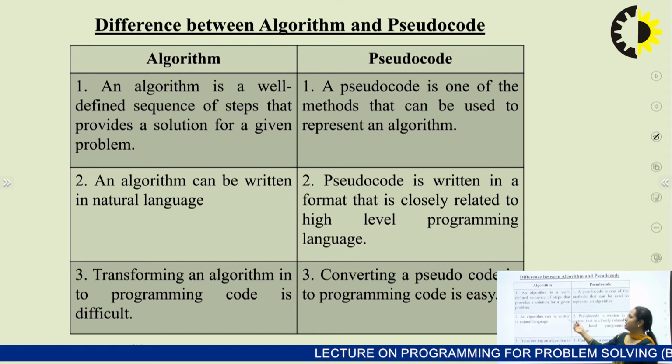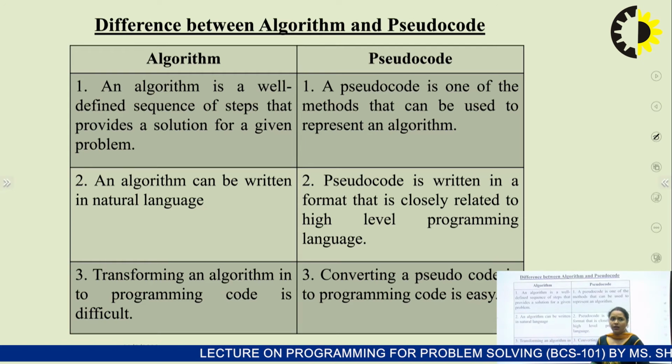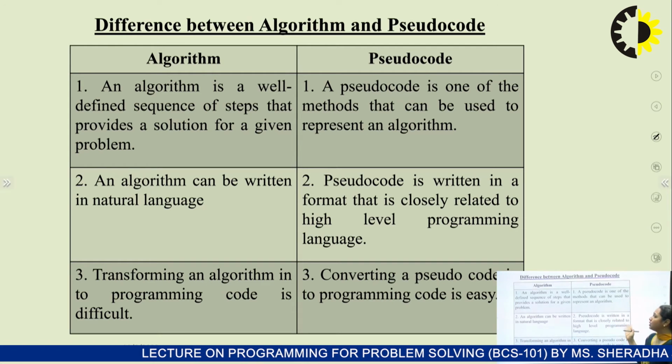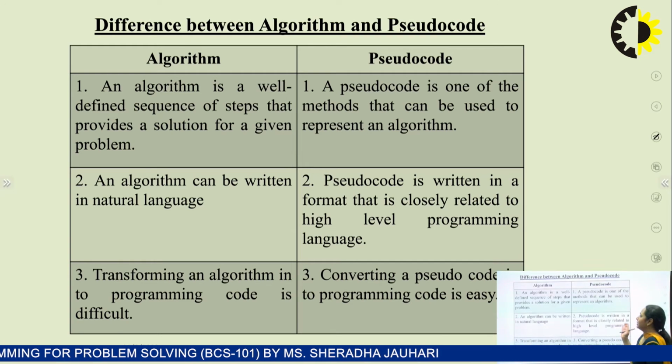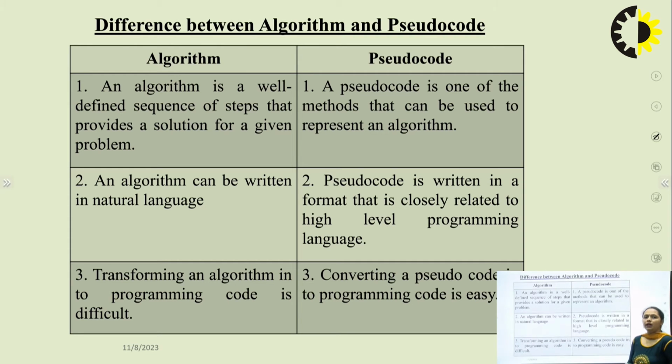But a pseudocode is written in a format which is near to the programming language. If I want to code a program in C language, then the syntax which the pseudocode will follow is the syntax of C language. So a programmer must write pseudocode in a way that it is near to the programming format.